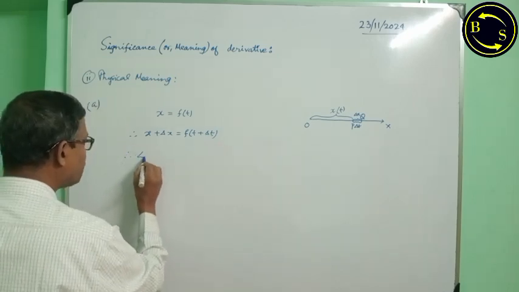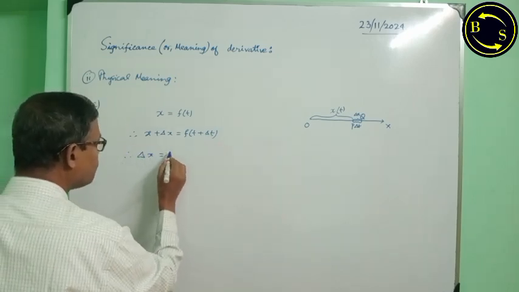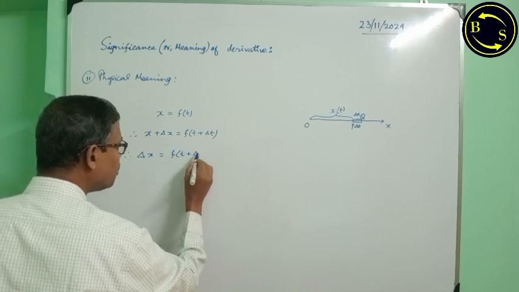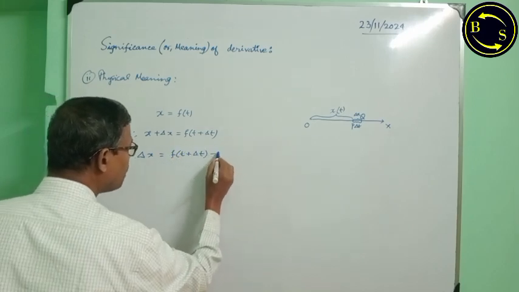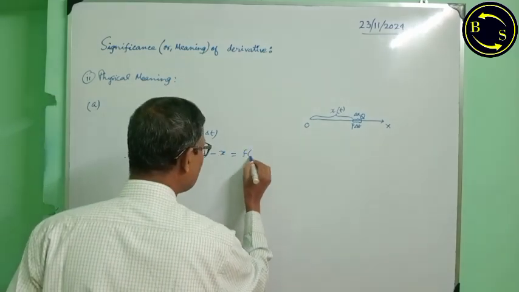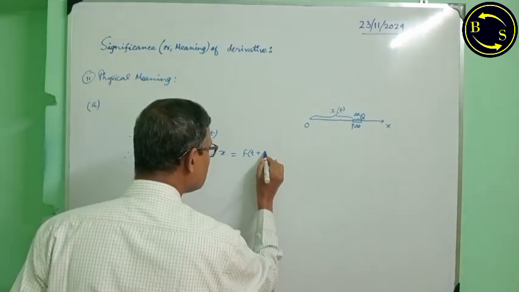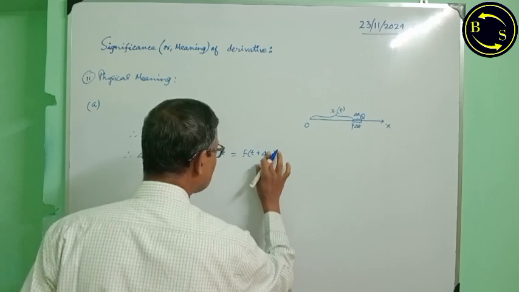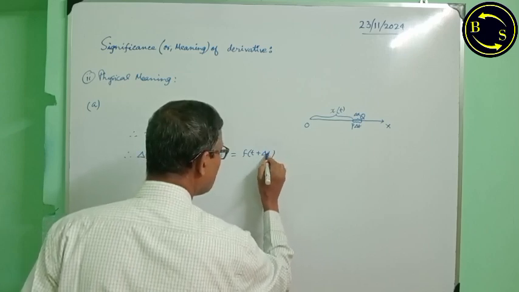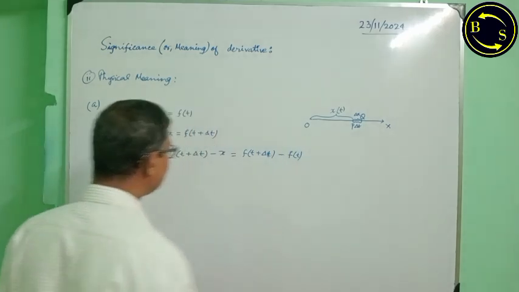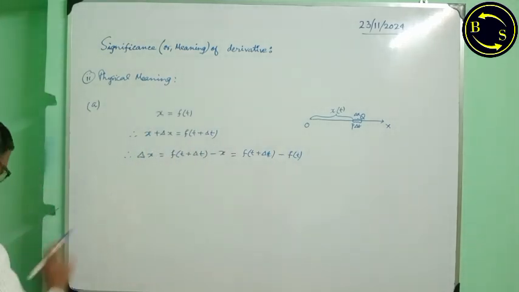Therefore, delta x is equal to f of t plus delta t minus x, that is equal to f of t plus delta t minus f(t), as x equal to f(t).